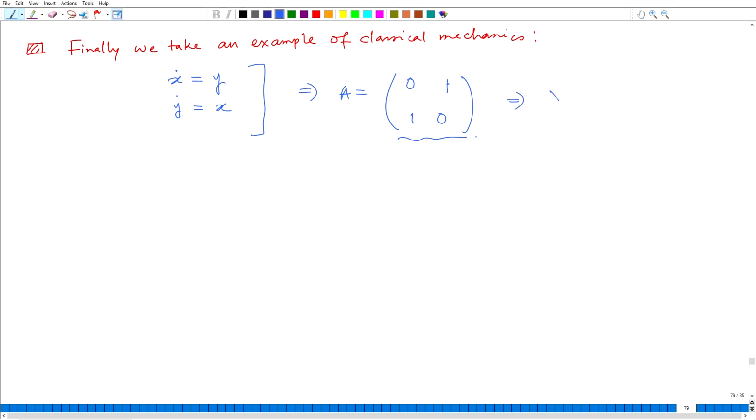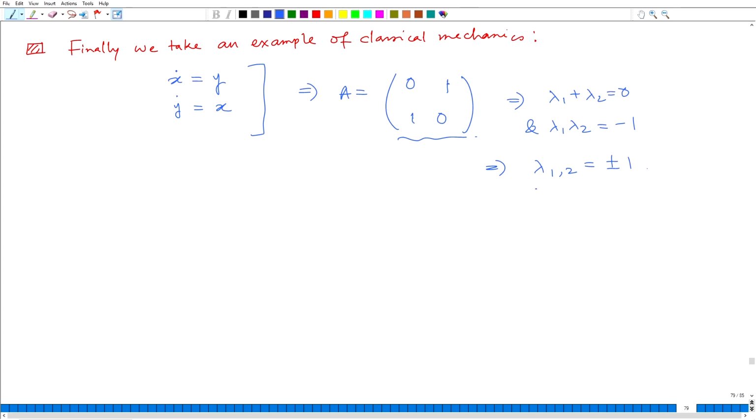So, here you have lambda 1 plus lambda 2 is equal to 0 and lambda 1 lambda 2 equal to minus 1, which gives you lambda 1, 2 will be plus minus 1. Okay.